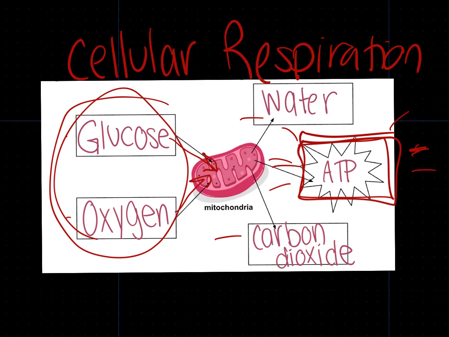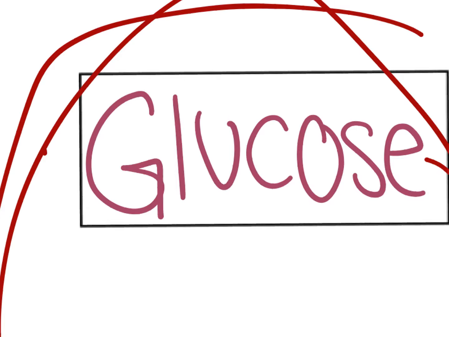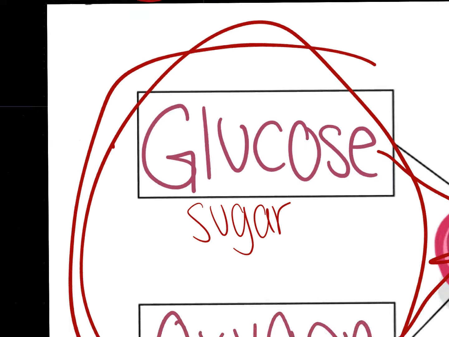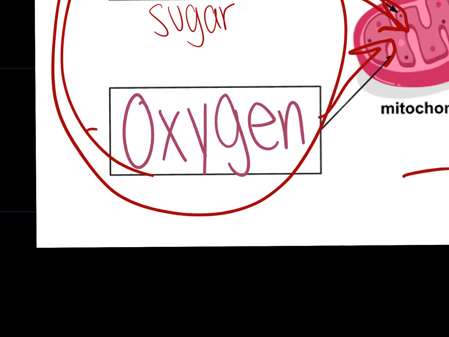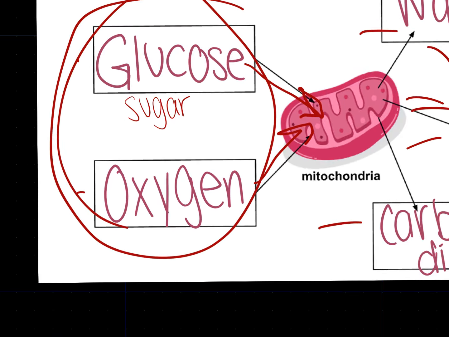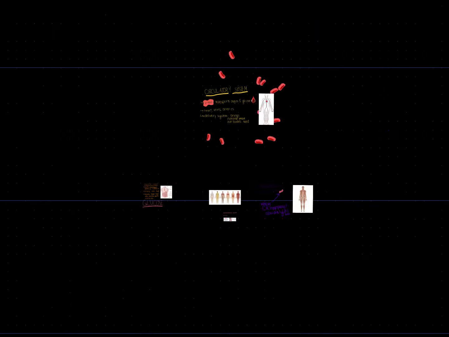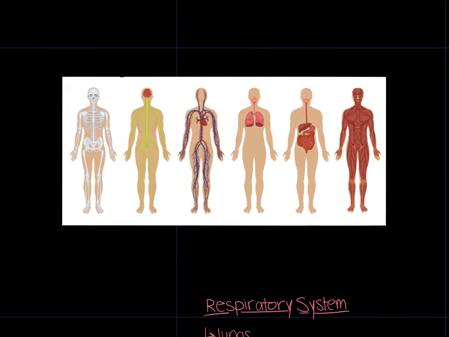First, we're going to remember that glucose is another word for sugar. That might help us start thinking about how we get that. And we remember that oxygen is around us, in the air around us. So how do we get sugar and oxygen into our body? Well, we need to use our body systems.